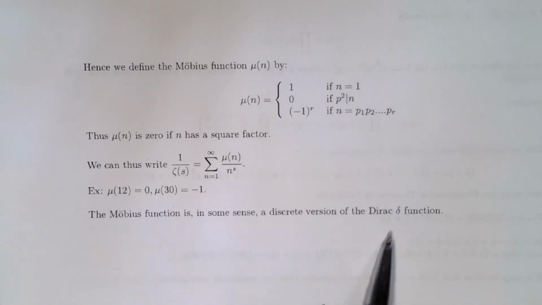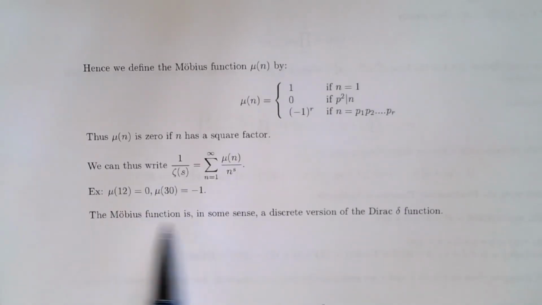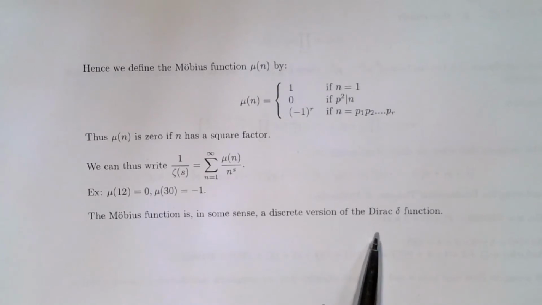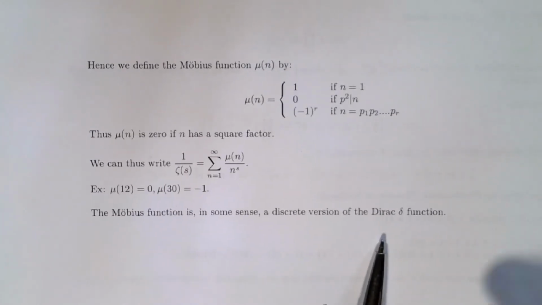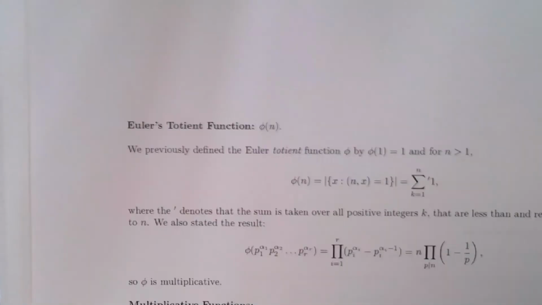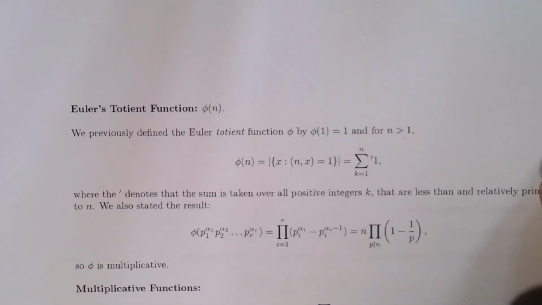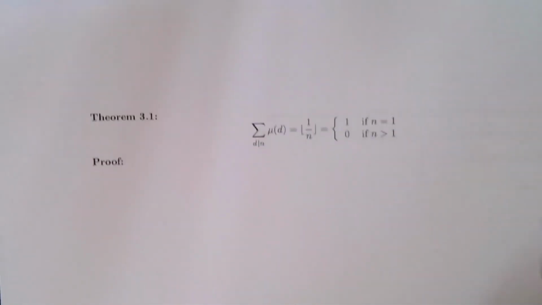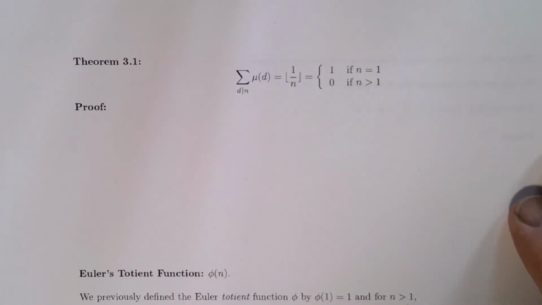If you've studied the Dirac delta function, the Möbius function is in some sense a discrete version of the Dirac delta function, as we will see in the following theorem. And that's what our next theorem 3.1 essentially says.